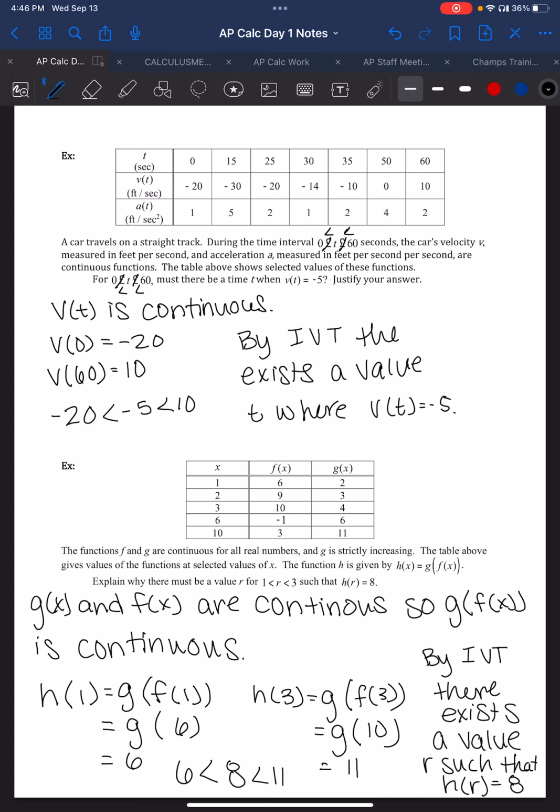So this is kind of what it looks like for IVT when we have a table. The only time it wouldn't work is if for some reason our endpoints are not giving us y values where our needed y value is in between them. Other than that, it's when it doesn't tell us if it's continuous or not. If we can't guarantee that it's continuous, we can't use IVT.